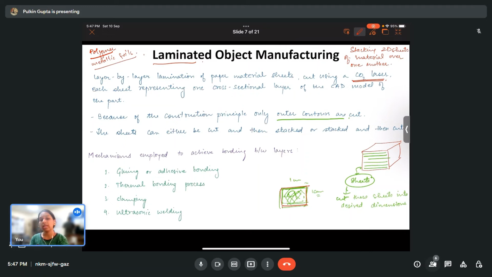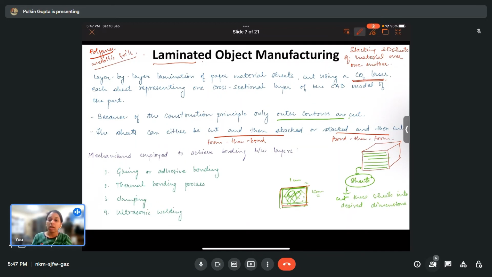First, the sheets can be cut and then stacked over one another, or they can first be stacked together and then cut. So these are what we'll see as form then bond and bond then form techniques.